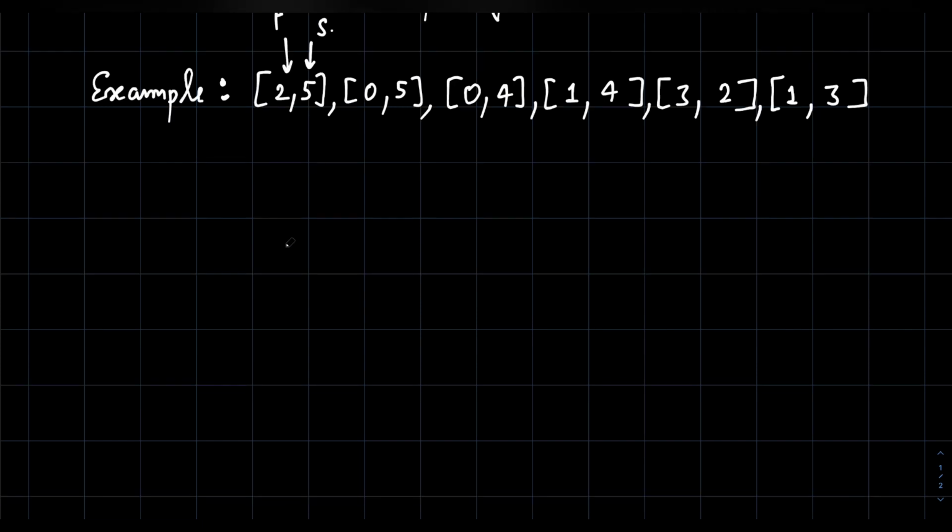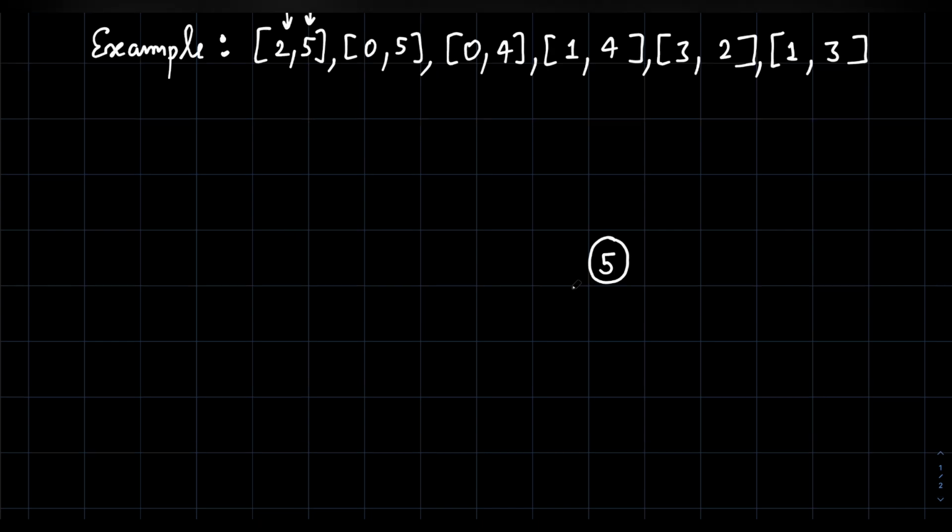Let's make a graph first. Before taking 2, we need to take 5. I can only take 2 once I complete 5. And similarly for 0, 5, I have to complete 5 before getting to 0.